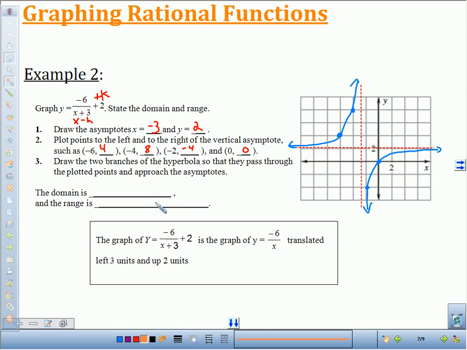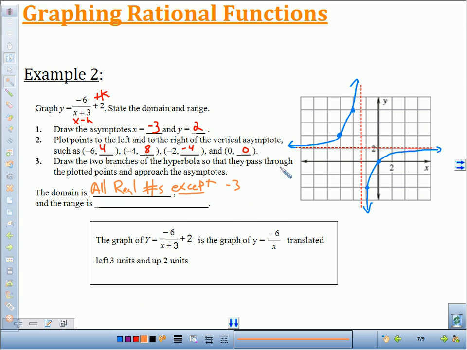The next question we have to ask ourselves is, what are the domain and range? Well, the domain, as we can see, will go forever to -infinity, will go forever to +infinity. The only point it cannot be is -3, the vertical asymptote. So the domain is all real numbers except, that's a big except, -3.